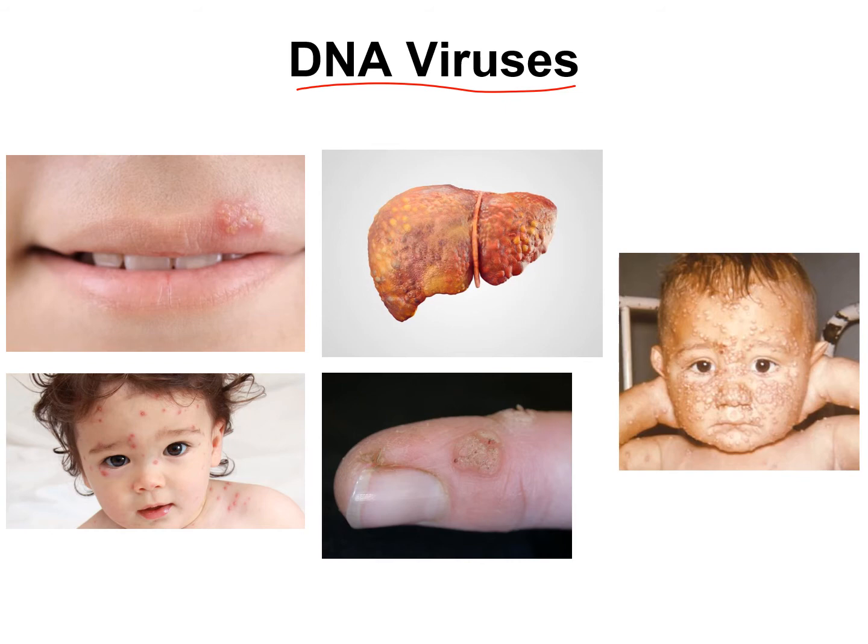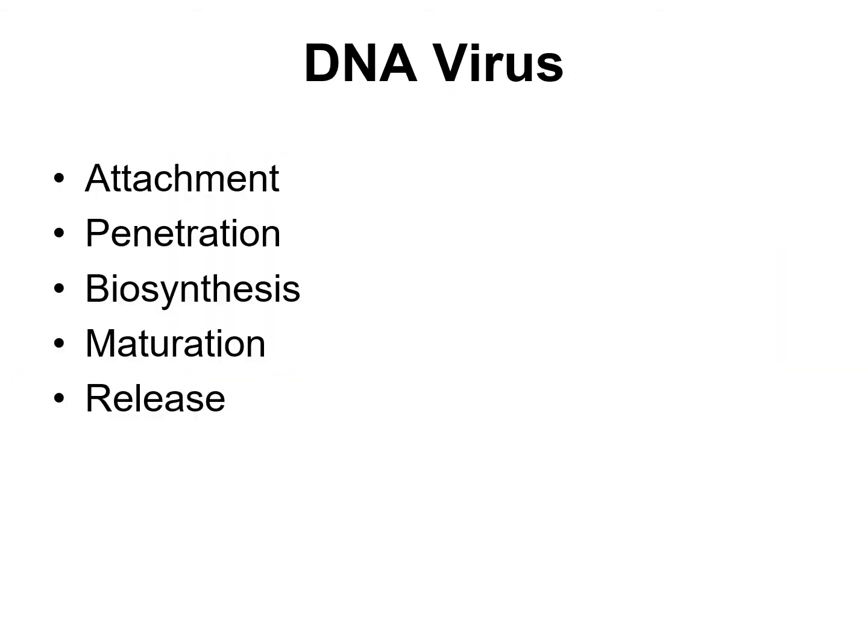This is an old picture of a child with smallpox, because smallpox has actually been eliminated. There are no natural cases of smallpox anymore in the world, because we eliminated the disease by a process of vaccination. So these are examples of DNA viruses. Knowing that a virus is a DNA virus will give you information on biosynthesis and maturation.